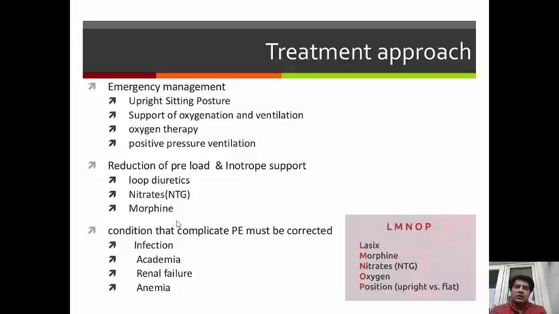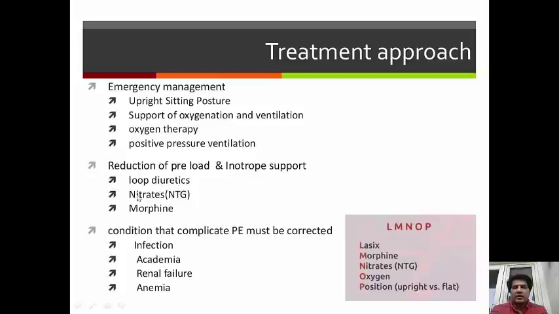So what is the treatment? If the pulmonary edema is cardiogenic, this is how we treat: LMNOP, Lasix, morphine, nitrate, oxygen, and we place the patient in an upright position or with the head end elevated. We give IV diuretics to decrease the vascular hydrostatic load.